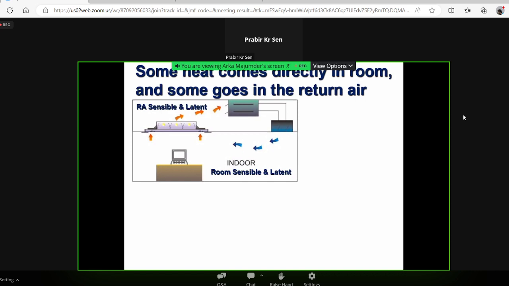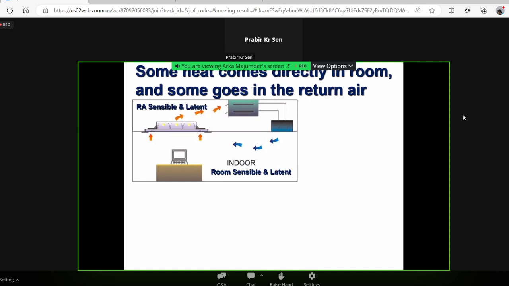We have also discussed supply air, and we have also discussed return air. Now, we have to understand that heat is coming, but the whole of the heat is not coming straight away within the room. Some heat is coming straight away within the room, and some heat is coming in the return air portion of the room. So this is a room we have shown.